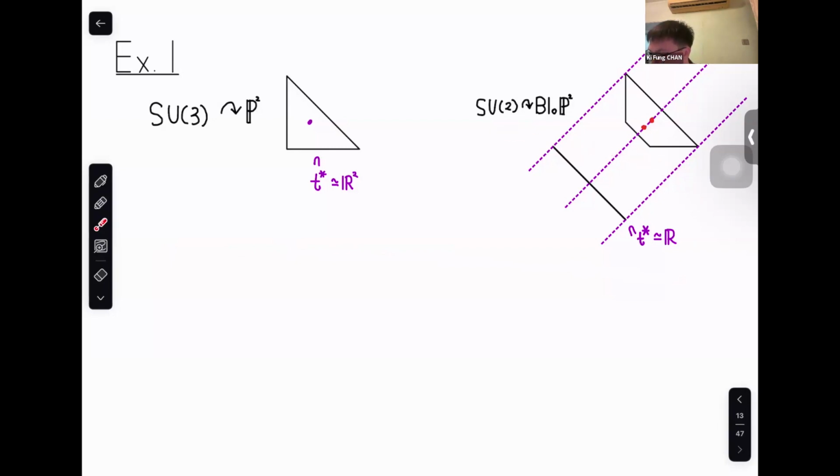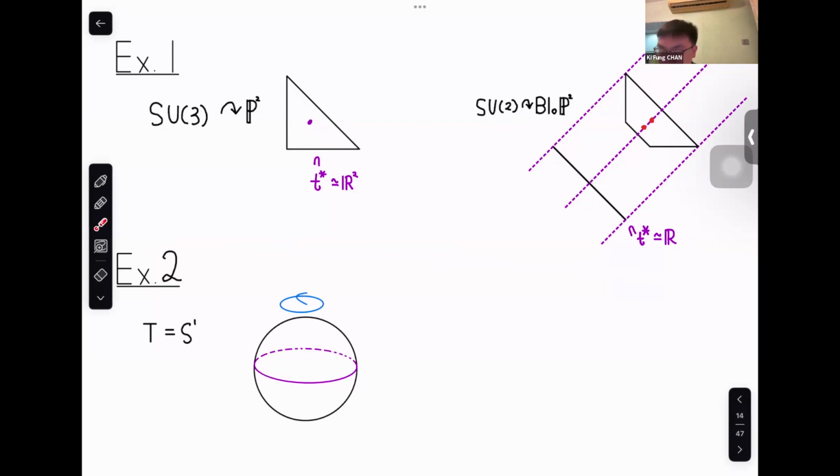But I will give an easier example to see the holonomy things. Suppose X is S2, equal to P1, and let S1 act on S2 by just the rotation. This time, the only S1-invariant Lagrangian with non-vanishing Floer cohomology is the great circle.